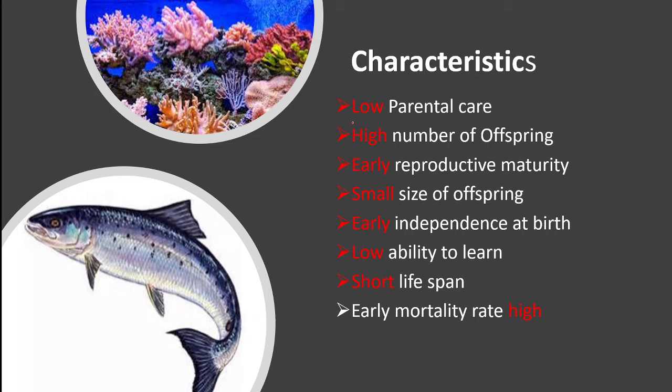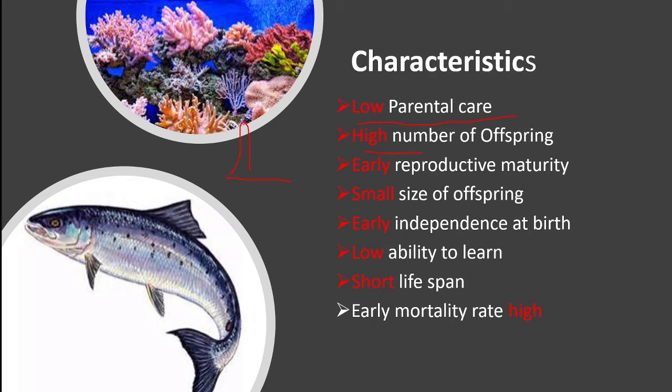Second, when the offspring are in large number, obviously there is low parental care. That means low or no parental care is mostly seen. The number is very high, a large number of offspring are produced, that we have seen. Early reproductive maturity, that is, in the figure we have seen that in a short period of time they were producing offspring, that is R strategies. That means their maturity period is very short.